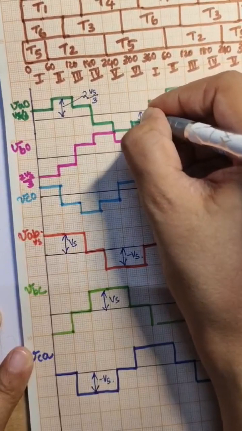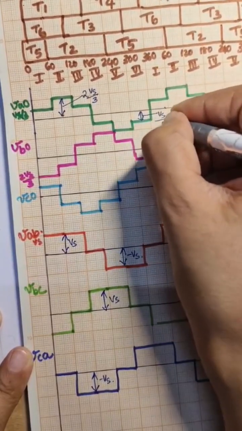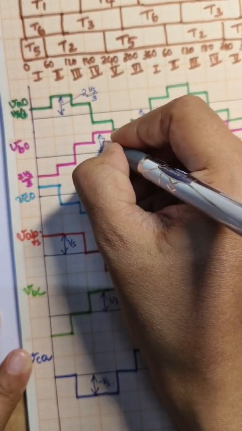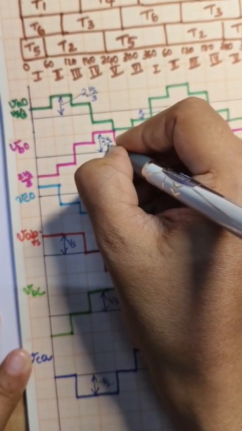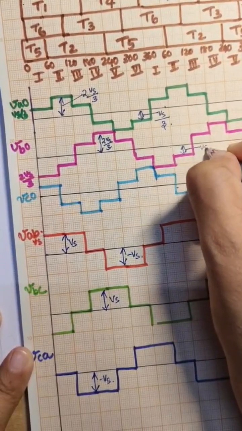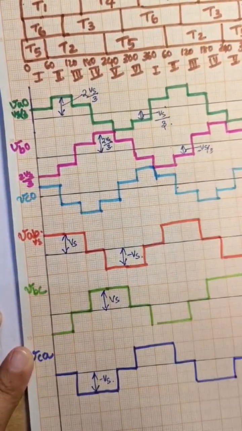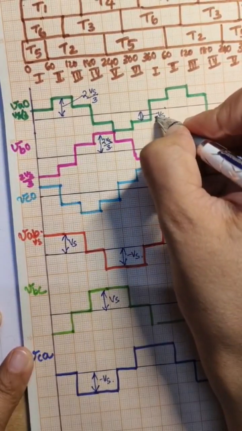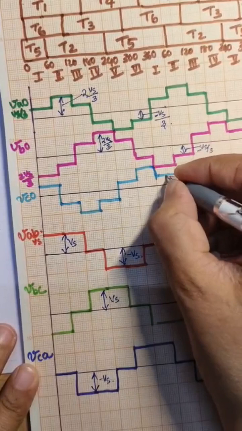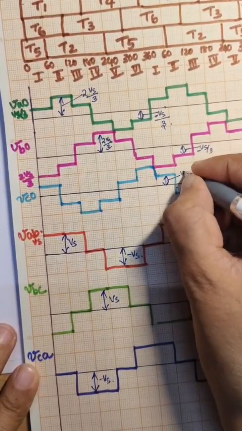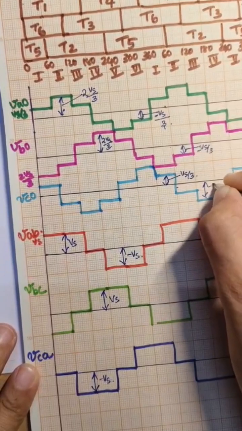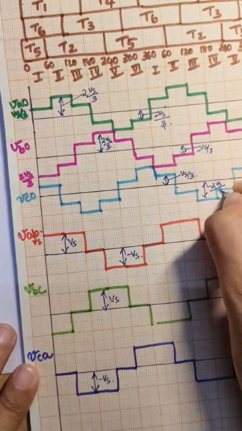And this is Vs by 3. Minus Vs by 3. Minus 2 Vs by 3.